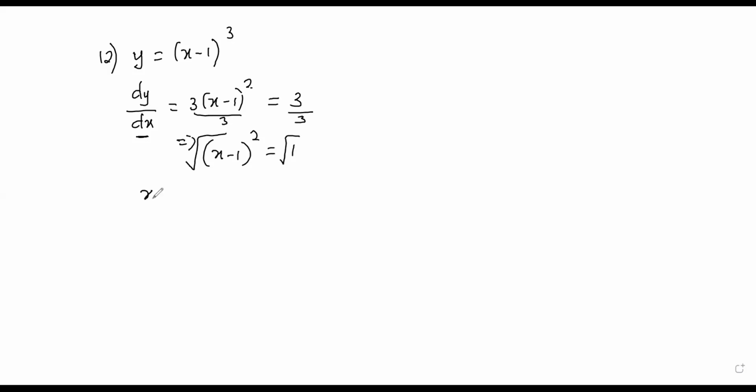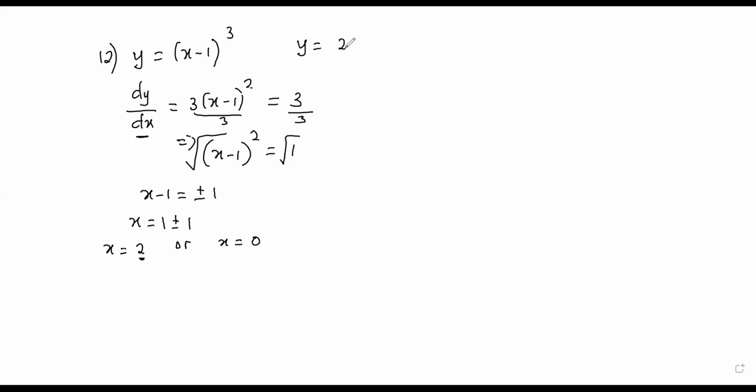So we'll have x minus 1 equal to plus or minus 1, meaning x is equal to 1 plus or minus 1, so x is 2 or x is 0. Okay, so we go back to y and substitute 2.